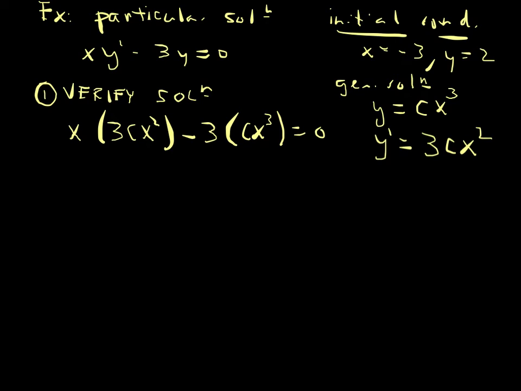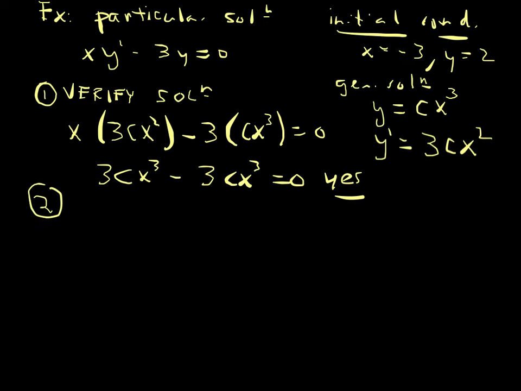If we work this out, this is the same thing as 3c x cubed minus 3c x cubed equals 0. And yes, it is a solution. Then the second step is to use the initial conditions and find the actual particular solution.